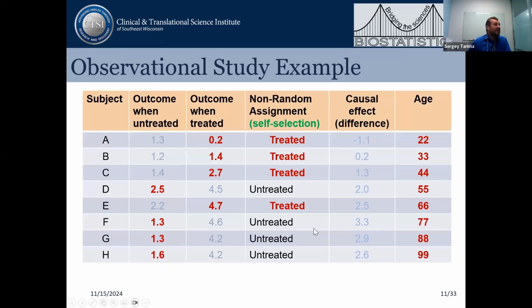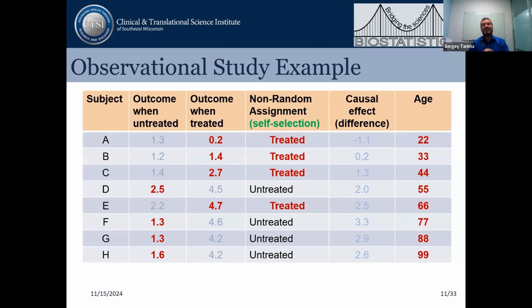Let's consider an observational study. In observational studies, we cannot randomize patients between groups, and there is some self-selection process, because the decision whether to be treated or not treated depends on a lot of different circumstances. It depends on patient beliefs, whatever advertisement the patient saw, on the physician, on insurance, and on a lot of different things.